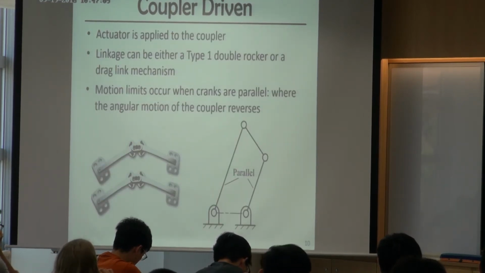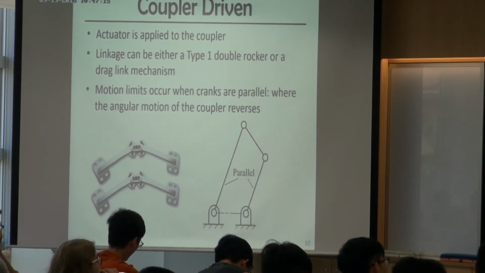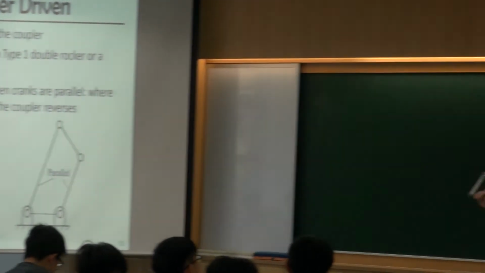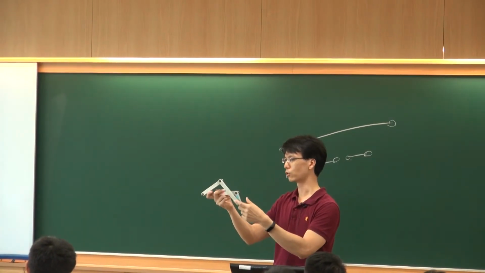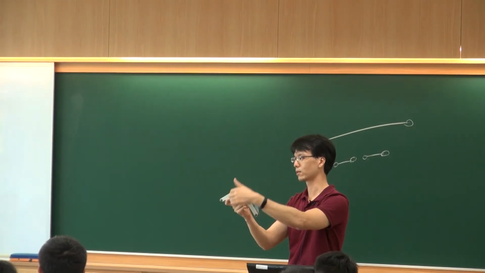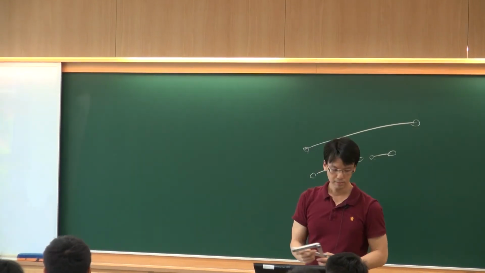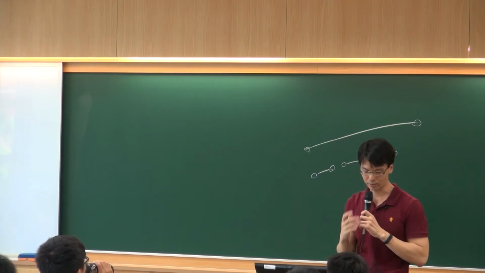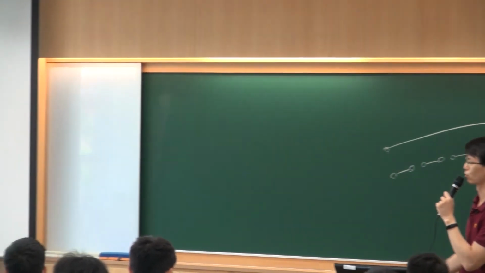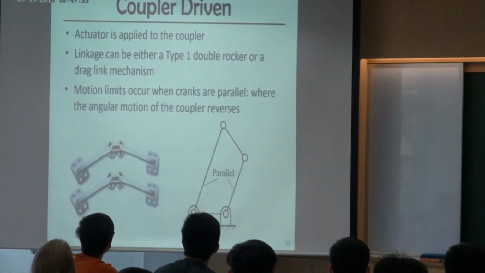In the previous example, we always fixed, maybe, the longest bar and used the shortest one as the driver to drive this mechanism, and maybe considered this one as output. But in certain applications, we may not want to use the mechanism in this way. Sometimes we want to use the coupler.